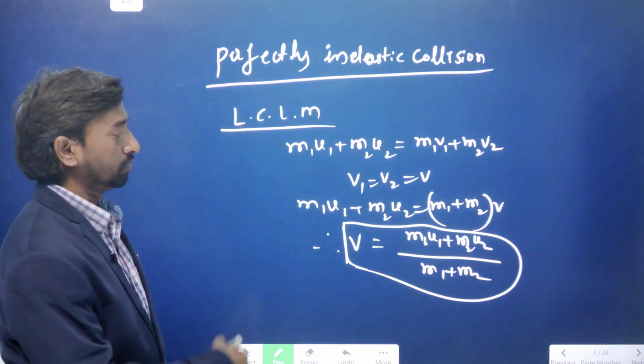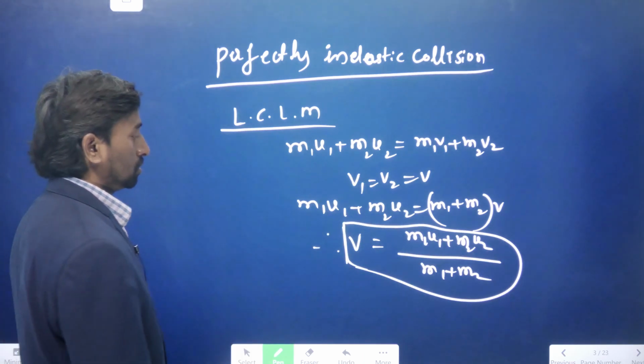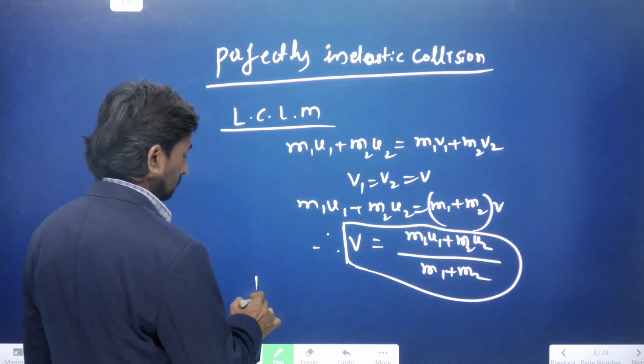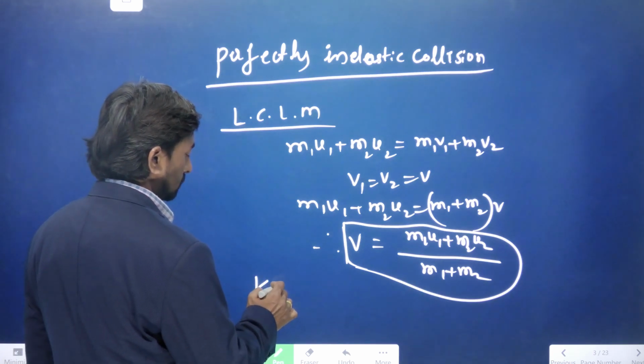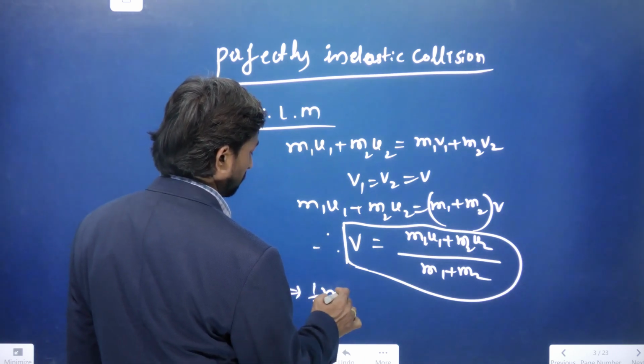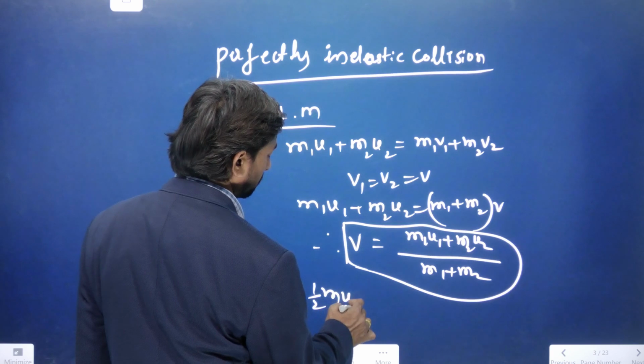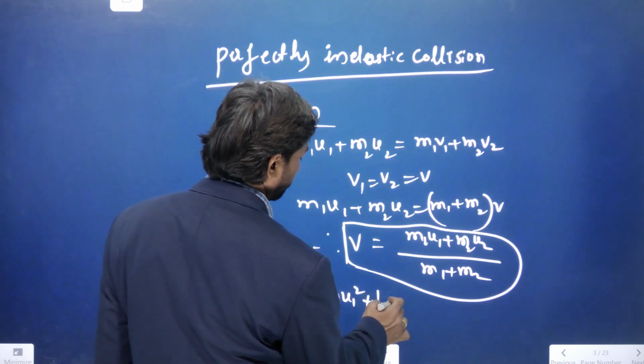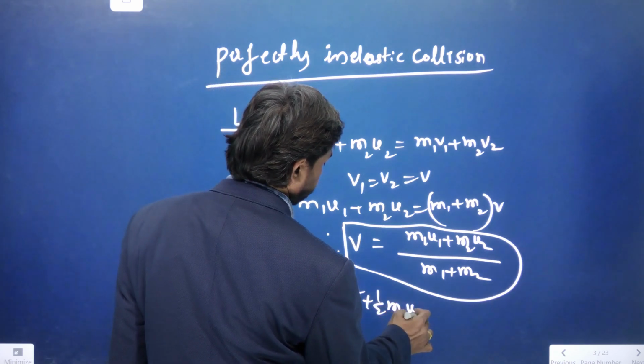Now we can add the kinetic energy. The initial kinetic energy is half m1 u1 square plus half m2 u2 square.